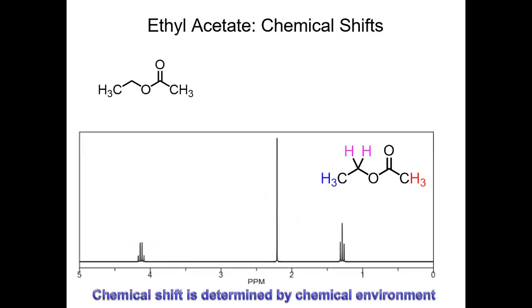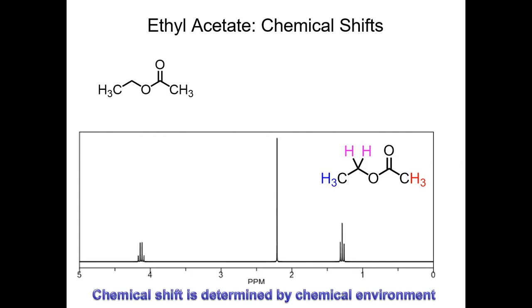All right, let's talk about the locations. For chemical shift, that's going to be determined by what we call the chemical environment, meaning if the protons are electron rich or electron poor, right?